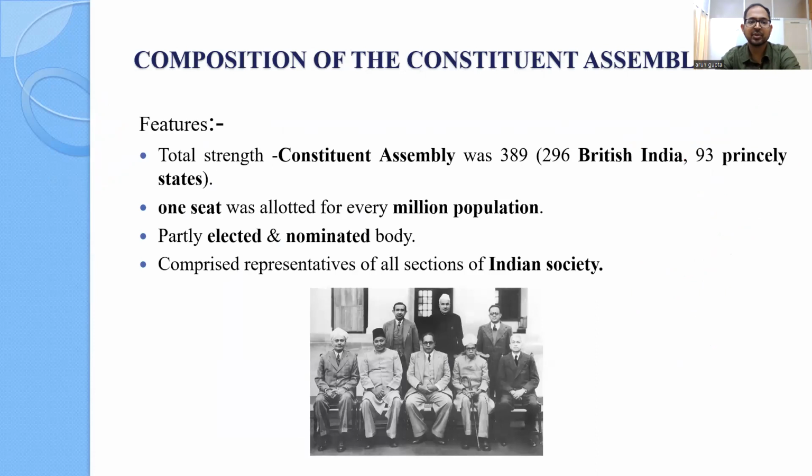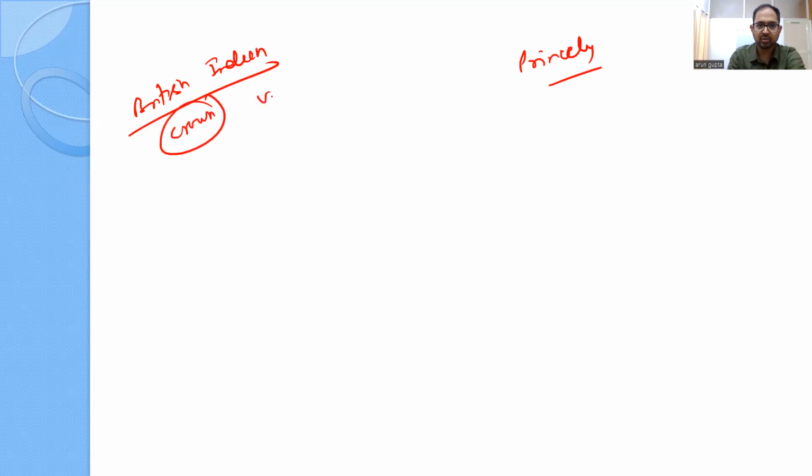Now, what was the composition of the Constituent Assembly? The total strength was kept to be 389, 296 from British India and 93 from the princely states. Now, what is British India and what were the princely states? British India was the part of India that was ruled directly by the crown through the viceroy, as we studied in the chapter.